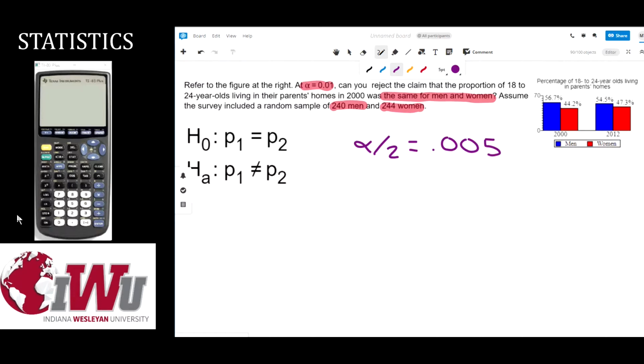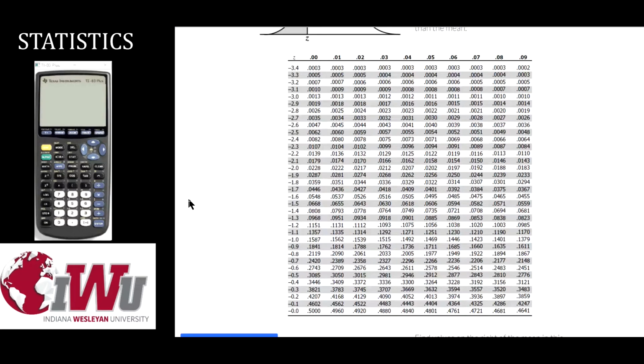All right, so from here, we can take a look at the z-tables. We're looking for the 0.005. All right, searching. 0.0051, 0.0049. Actually, it is directly in between here. So depending on what the directions say, the directions may say to round, or it may want something exact.